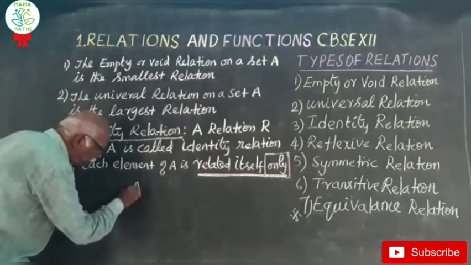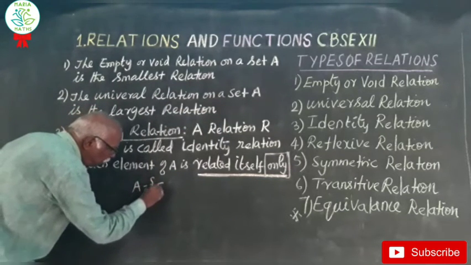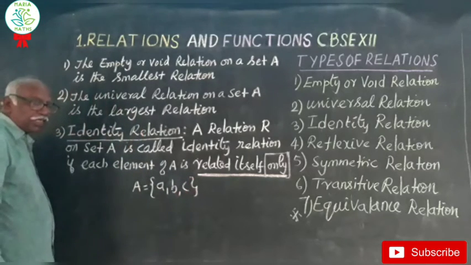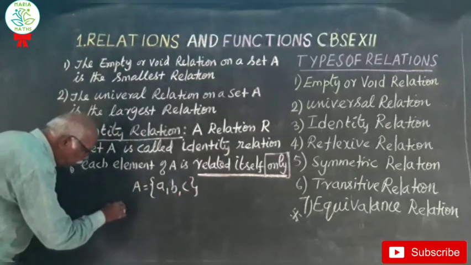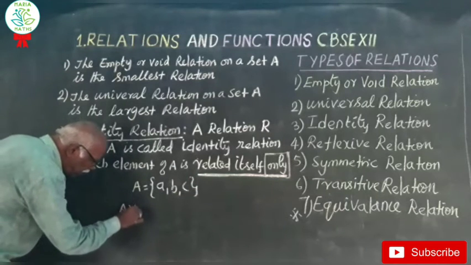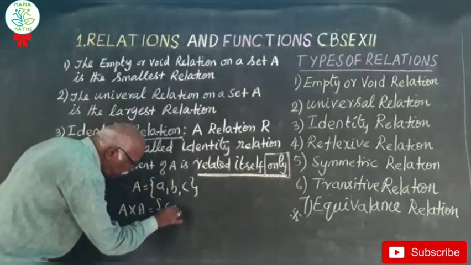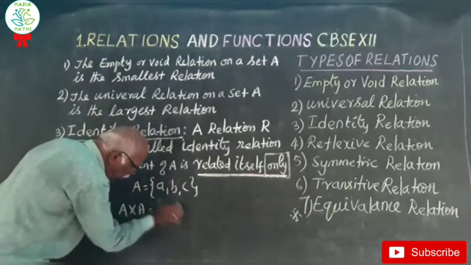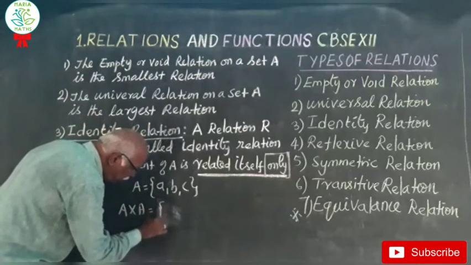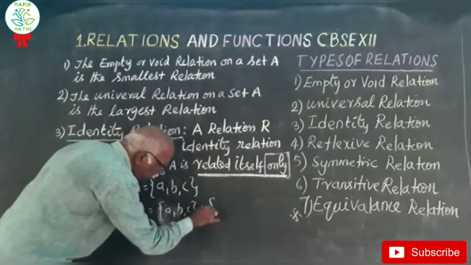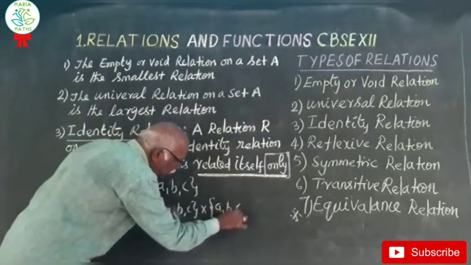Example, A equal to {a, b, c}. Then to find the identity relation we have to find A cross A. A cross A, we can write {a, b, c} cross {a, b, c}.